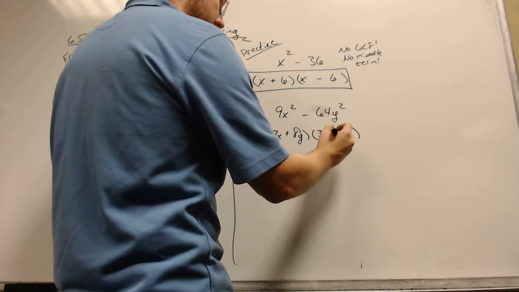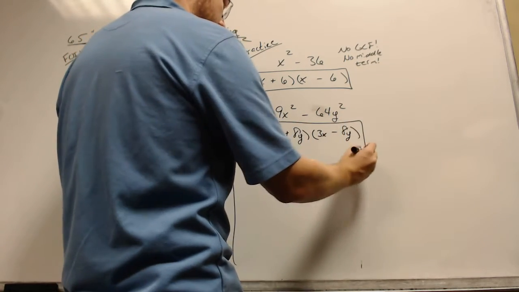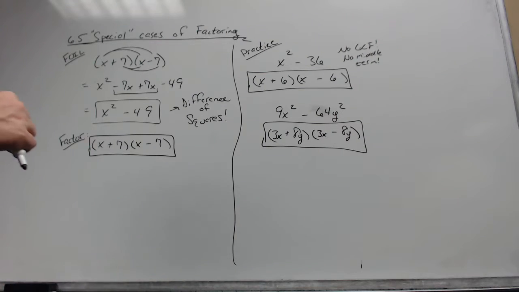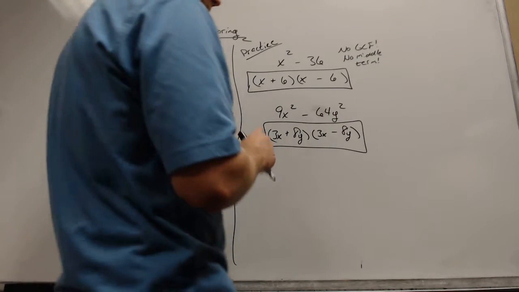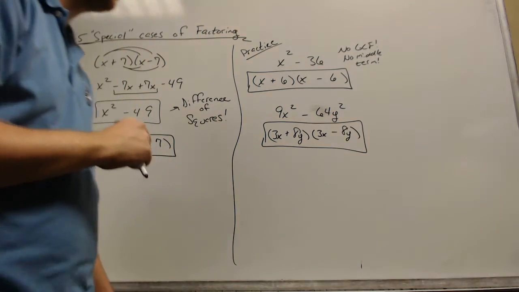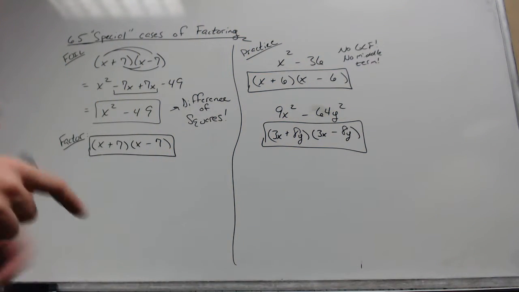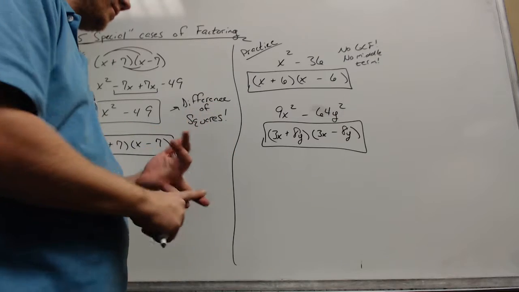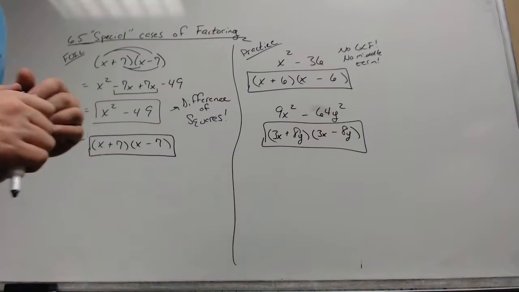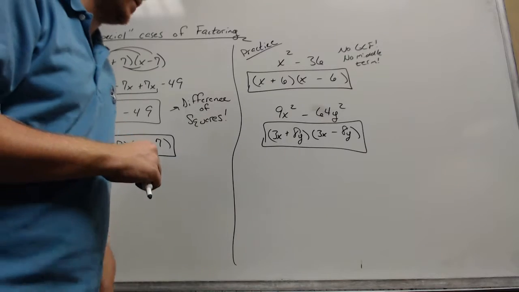One positive, one negative, game over. Don't have to worry about signs. You're never going to have both positive. You're never going to have both negative. In order for those middle terms to cancel, one positive, one negative. So, all right, you don't have to worry about signs. You don't have to worry about factors. They have to all be identical. And I think this is one of the easiest situations of factoring. Right?